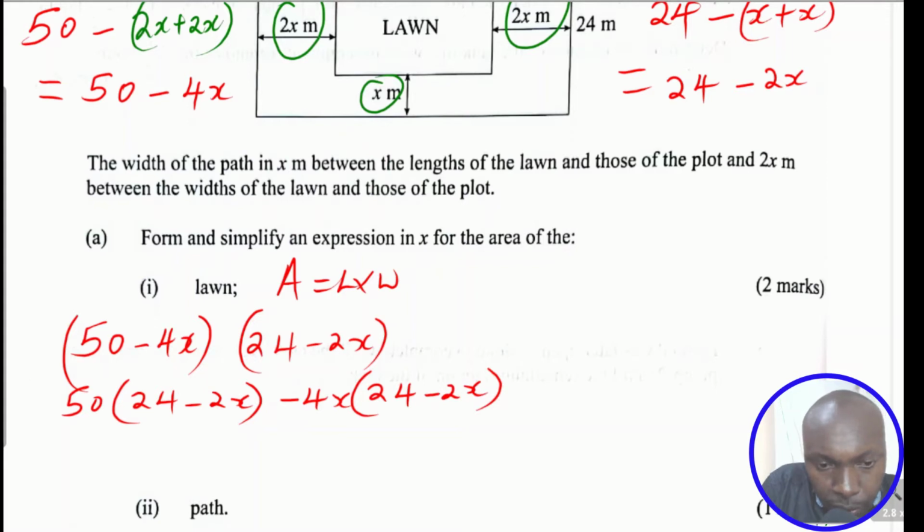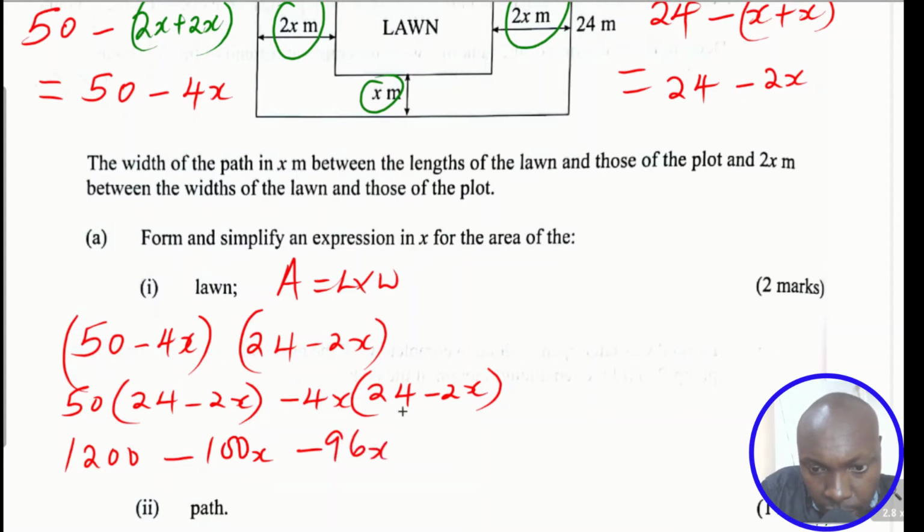This is expansion. 50 multiplied by 24, you get 1200. Then 50 multiplied by negative 2x, you get negative 100x. Then negative 4x multiplied by 24, you get negative 96x. Then negative 4x multiplied by negative 2x, you get positive 8x squared.